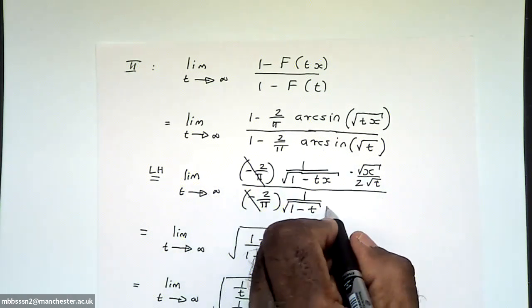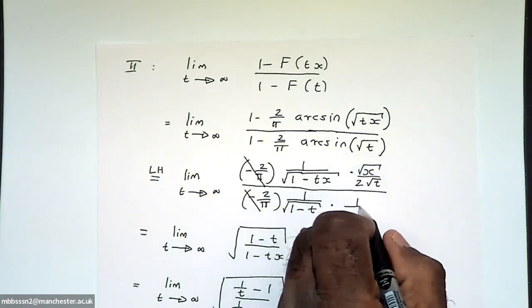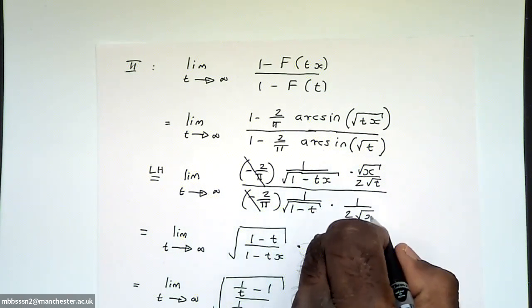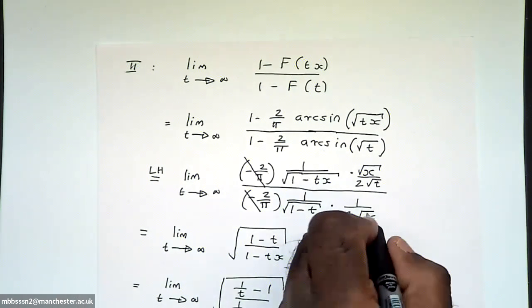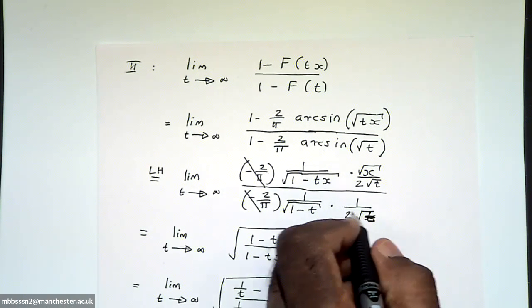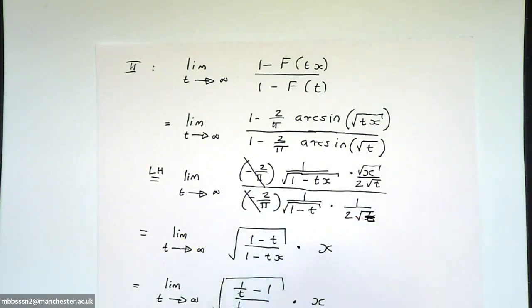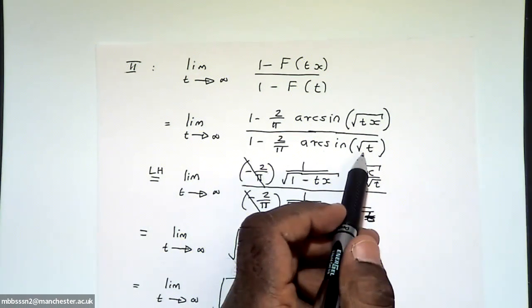And the same thing here. Is that right now, Rob? Can you check this? So this should be t again. You should differentiate this.